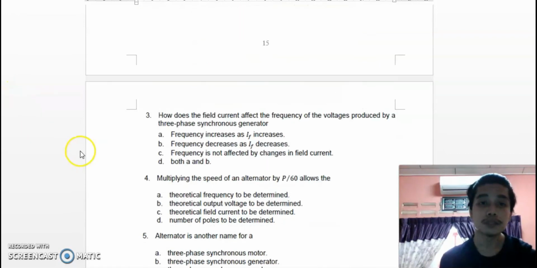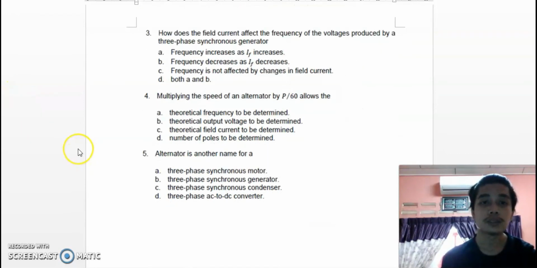So let's go to number 3. How does the field current affect the frequency of the voltage produced by a three-phase synchronous generator? As we know, in a synchronous generator, changes of field current do not affect the frequency. So let's go through them one by one. A says frequency increases as the current increases.